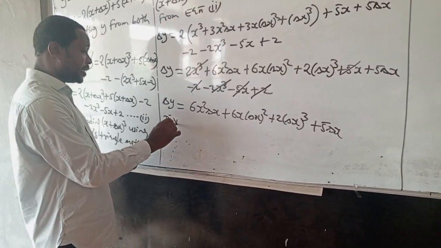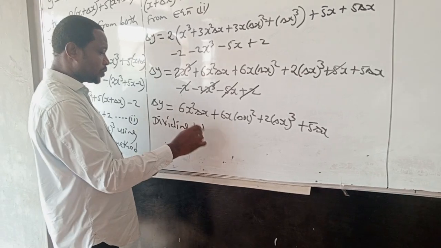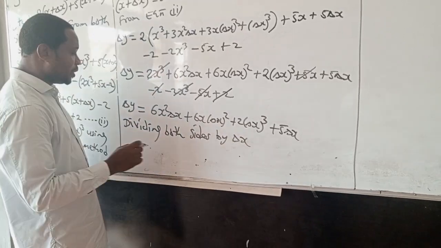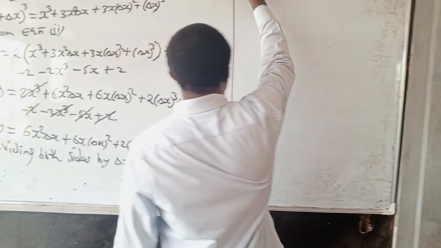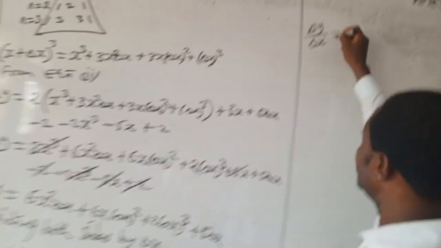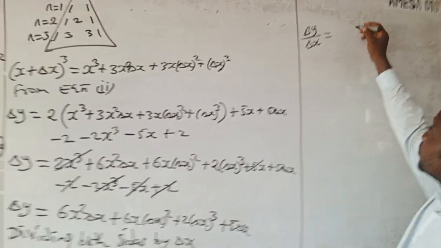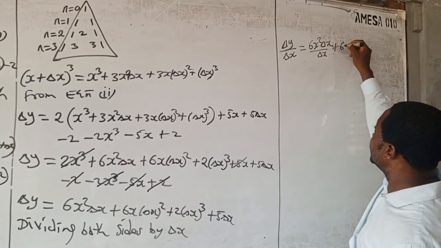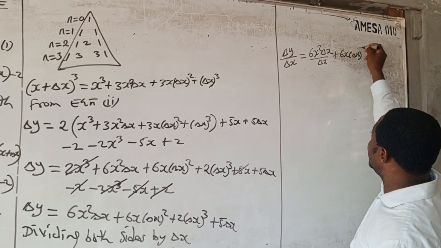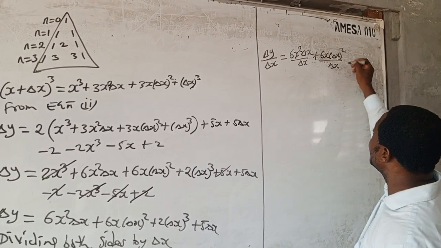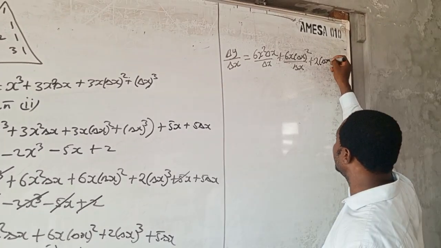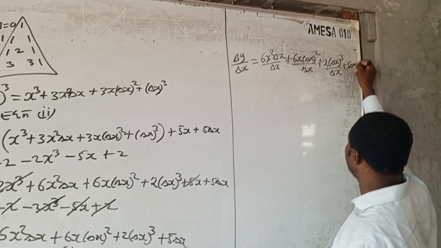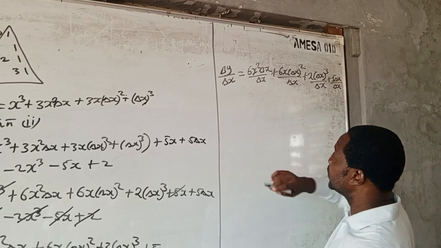So you say dividing both sides by changing s. So when you do that, you have changing y over changing s will give you, so you're dividing it term by term: 6s squared changing s over changing s plus 6s changing s squared over changing s plus 2 into changing s cubed over changing s then plus 5 changing s over changing s.